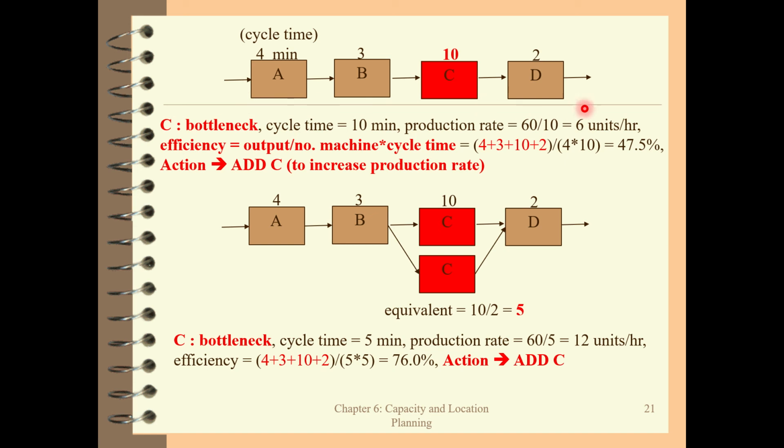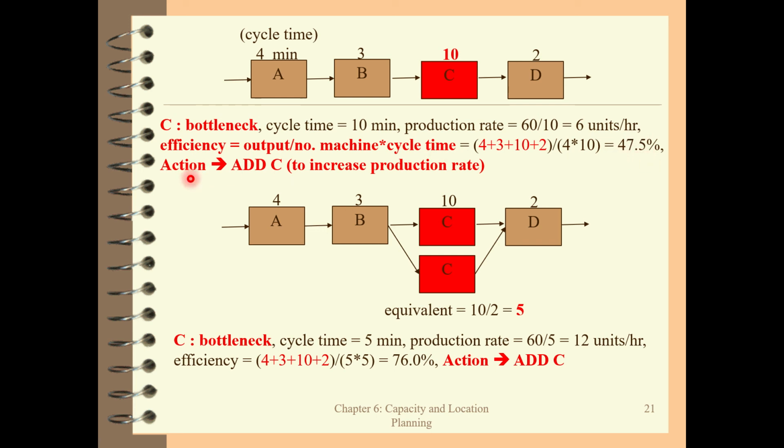If we want to increase the capacity of the line, we need to buy one more machine C. Okay. Bottleneck is C. The cycle time is 10. Production rate is 6 units per hour. Efficiency is equal to 47.5%.